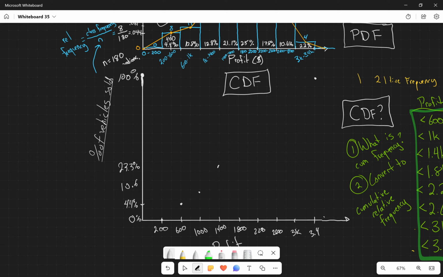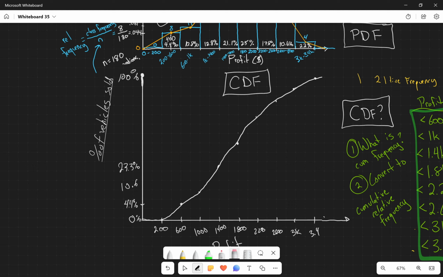And so graphing these values in the middle, less than 1800, we have 44%. And again, these are not drawn to scale. We've got 69%, 87%, 97%. And so we end up with something that looks like this.